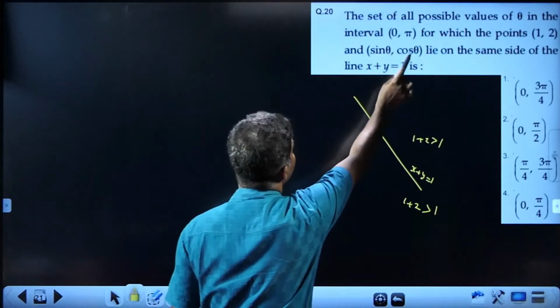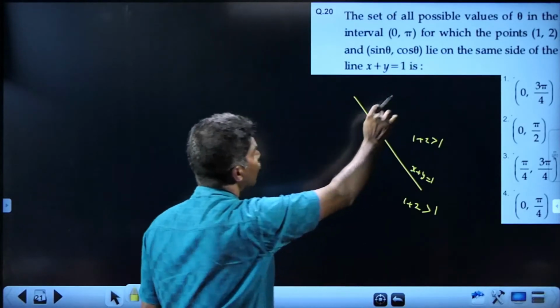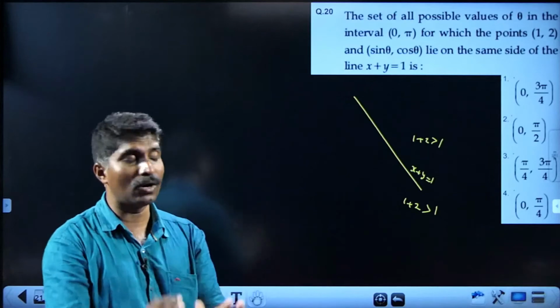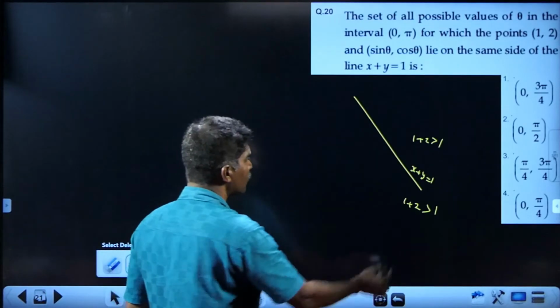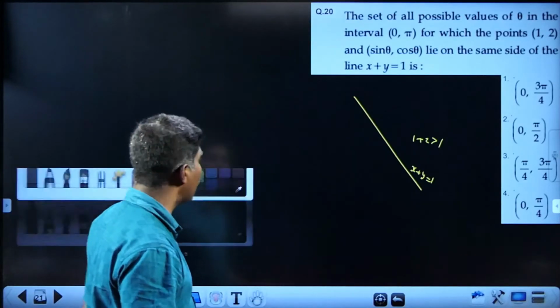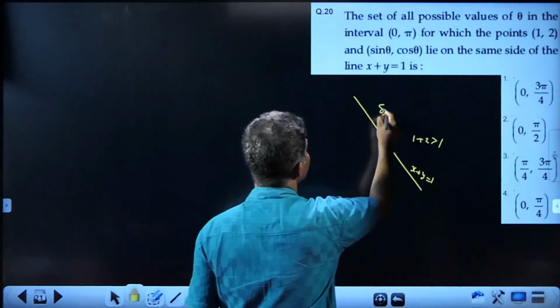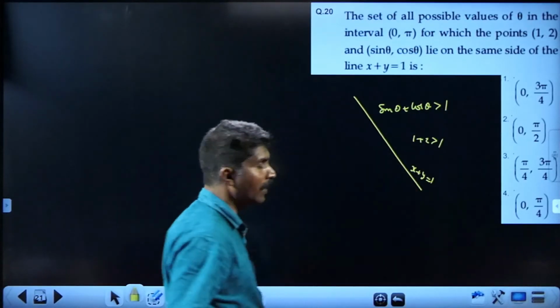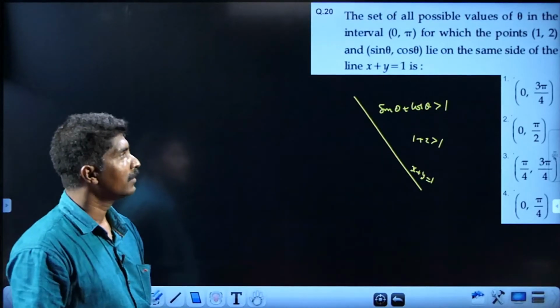So what you can say here, 1 plus 2 greater than 1 is there. Therefore, the same condition we will apply for sin theta and cos theta also. What you are saying is both of these points lie on the same side of this line. So as 1 plus 2 is greater than 1, you will argue that sin theta plus cos theta is also greater than 1. You are going to argue like this. Okay.